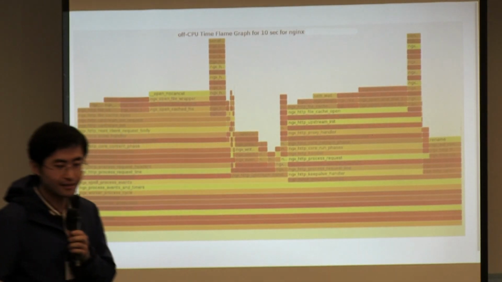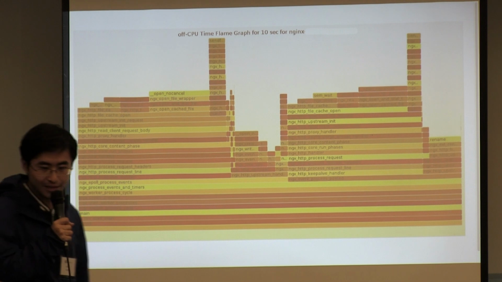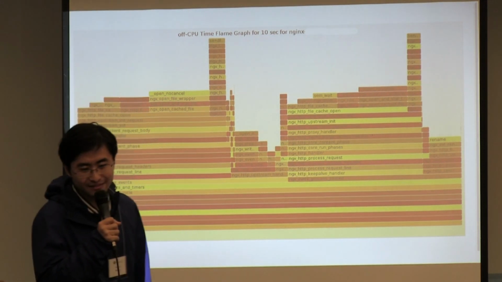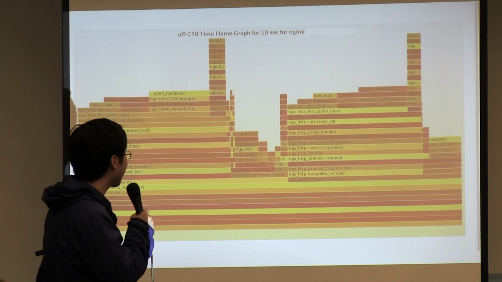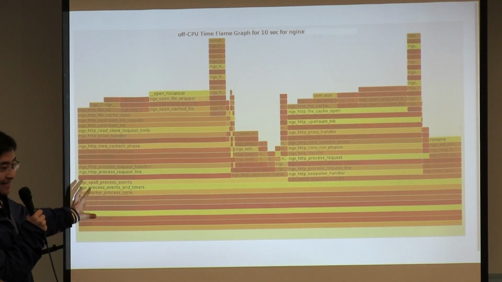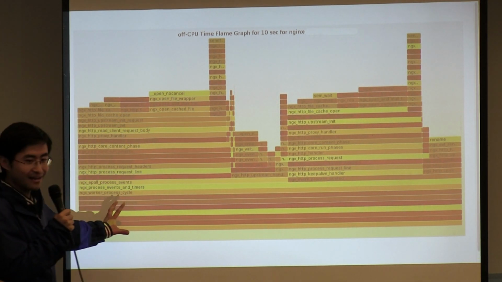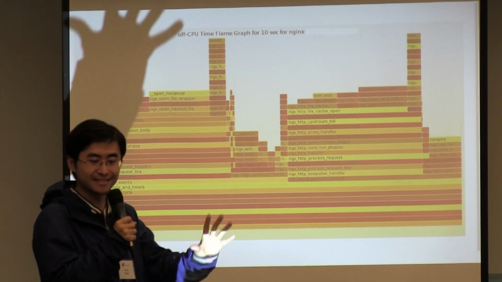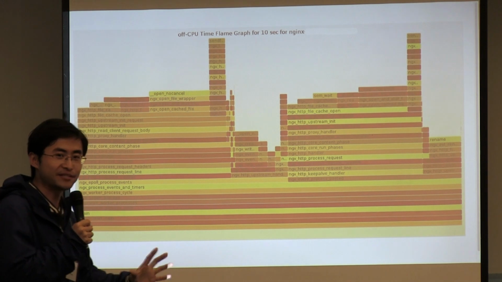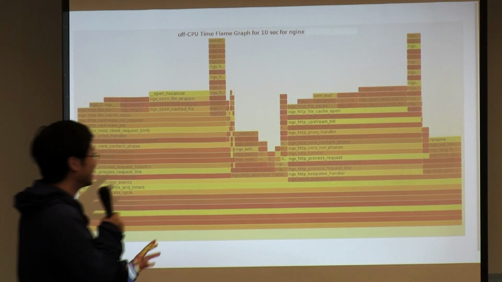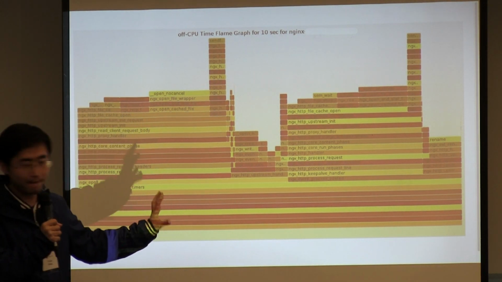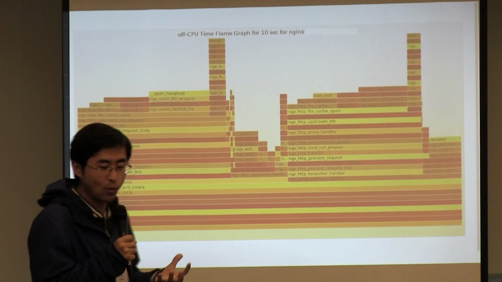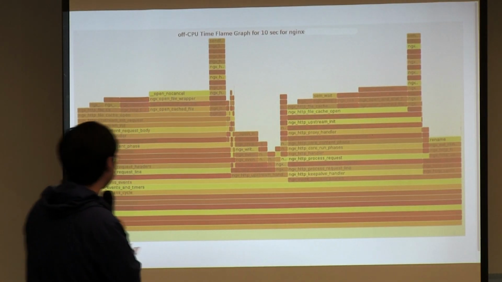For example, here's a real-world off-CPU flame graph obtained from one of our production servers several years ago. This is for NGINX, busy NGINX workers using little CPU time that are slow to process new requests. And we plotted an off-CPU time flame graph to figure out why it is slow and what it is doing.